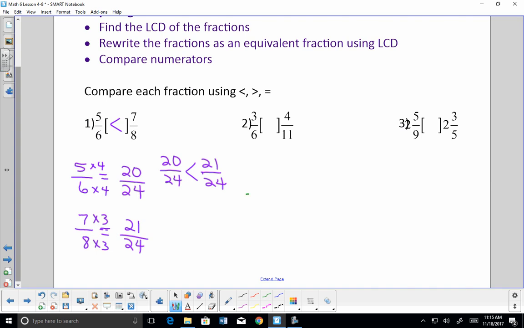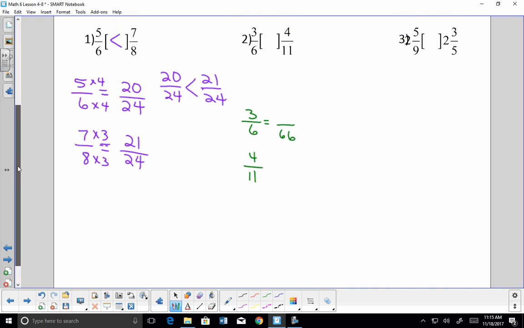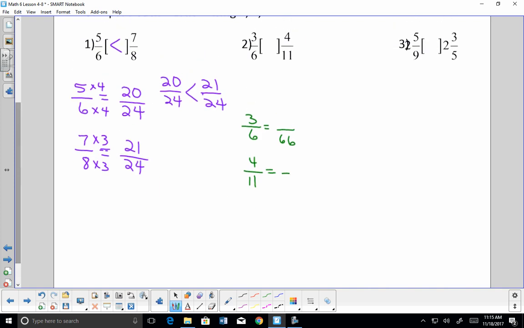So if I have 3/6 and 4/11, 6 times 11 is 66, 3 times 11 is 33, 11 times 6 is 66, 4 times 6 is 24. So 3/6 is 33/66, 4/11 is 24/66, and 33 is larger than 24.